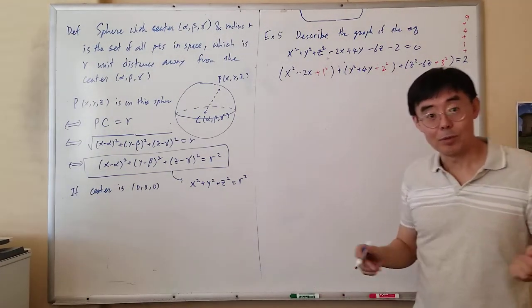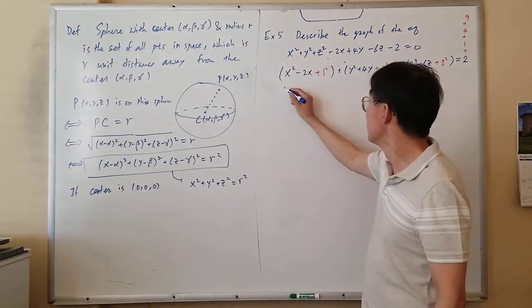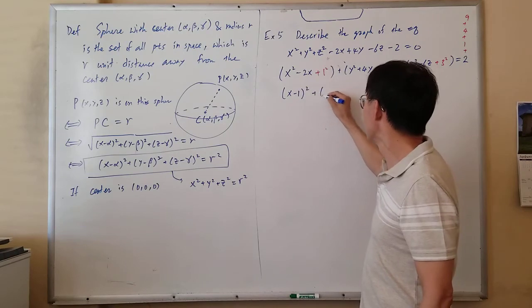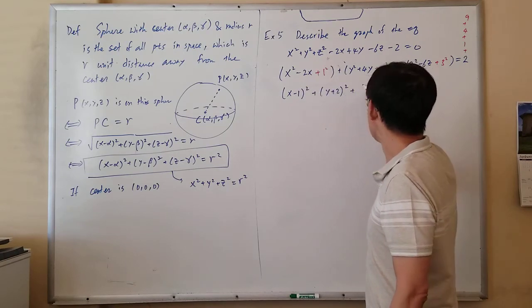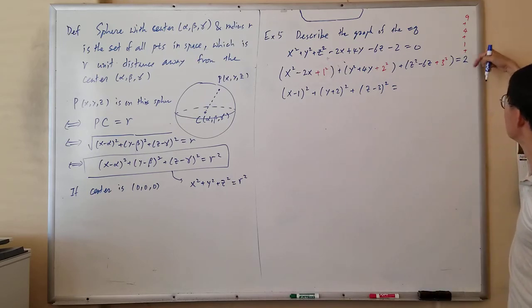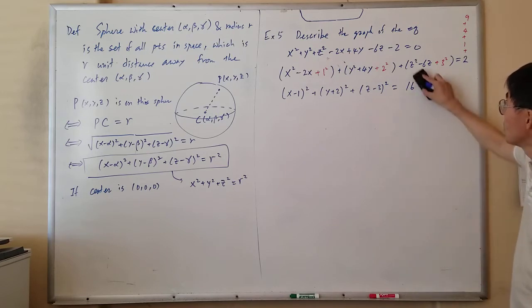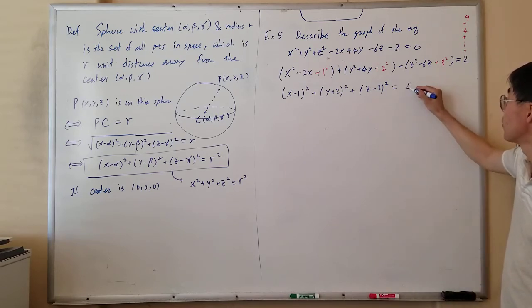You know what to do with this completion of squares. x minus 1 squared, y plus 2 squared, z minus 3 squared equals 16, or 4 squared.